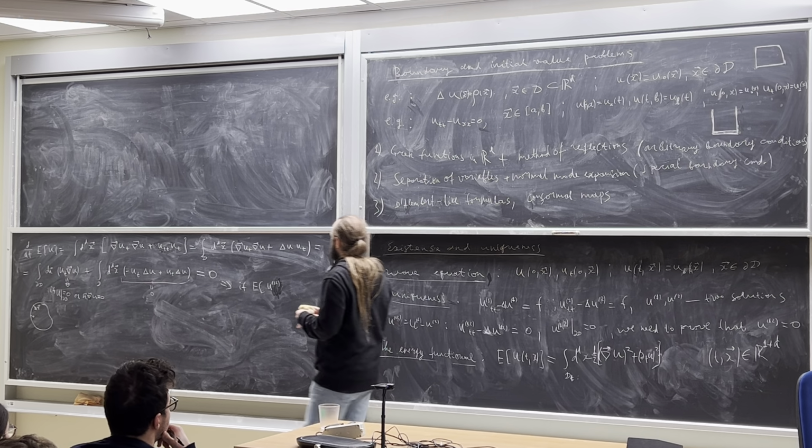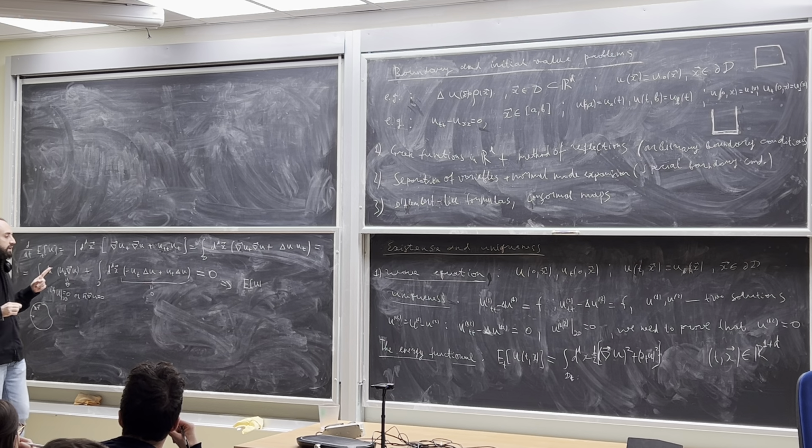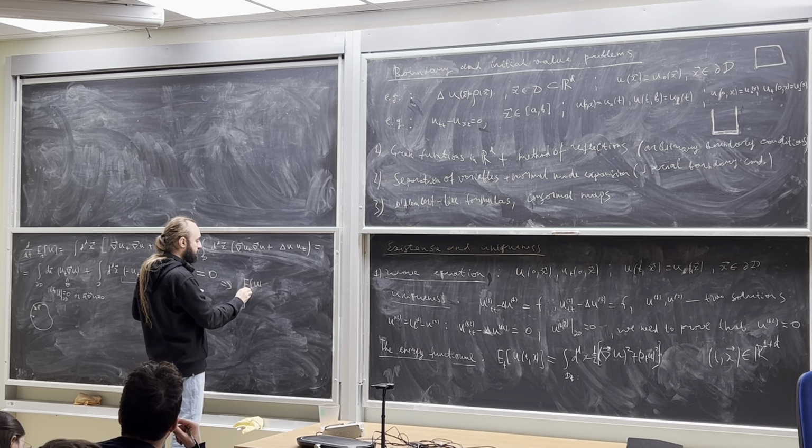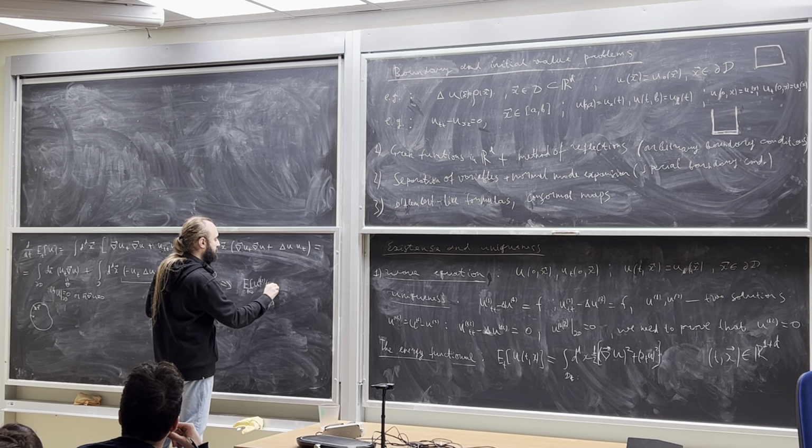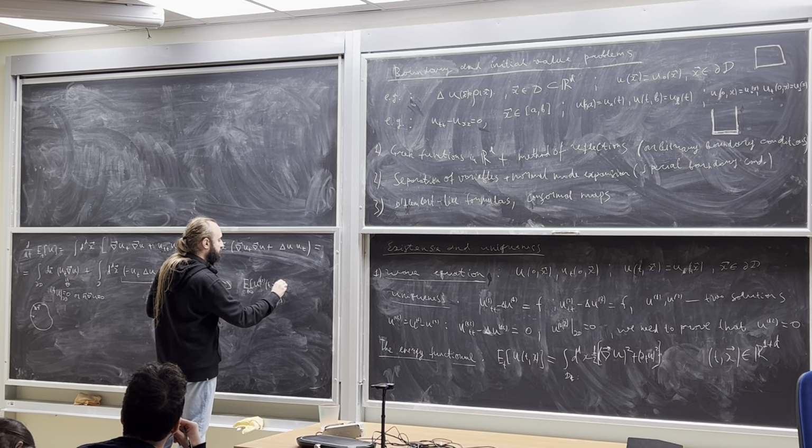This energy of u_1,2, maybe I should also put here some sign t, which means that this energy is computed for some time t. So this energy of u_1,2 of t and x equals 0, just because both u and its time derivative are 0.